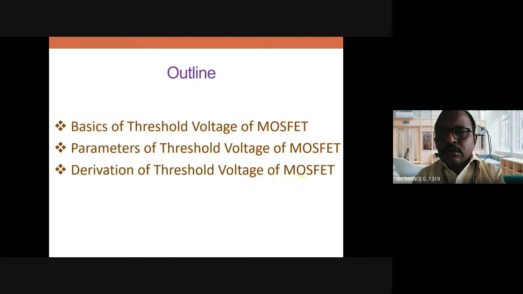Nitish Kumar, how many parameters are there for the threshold voltage of a MOSFET? Give it in the chat if your mic is not working.